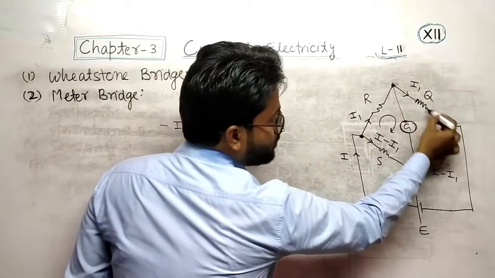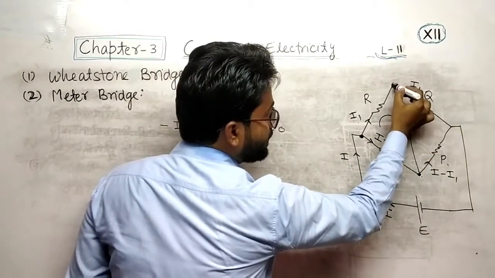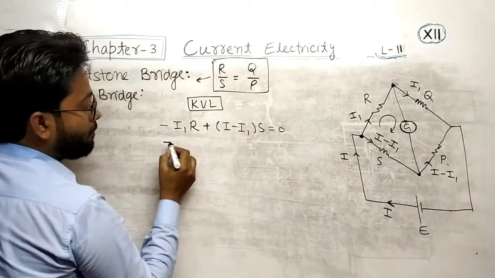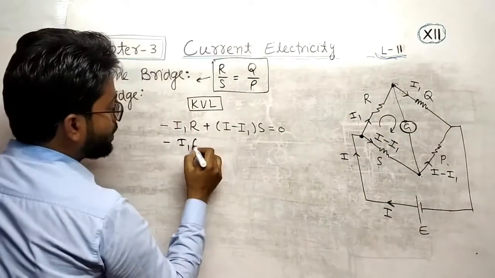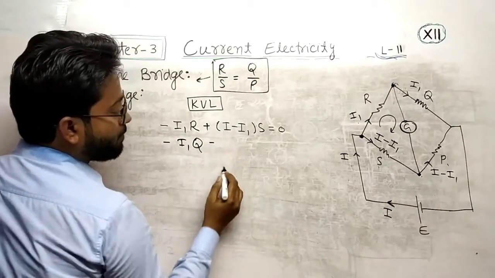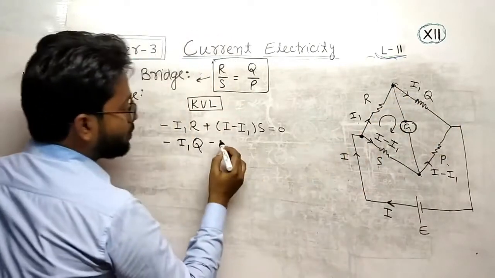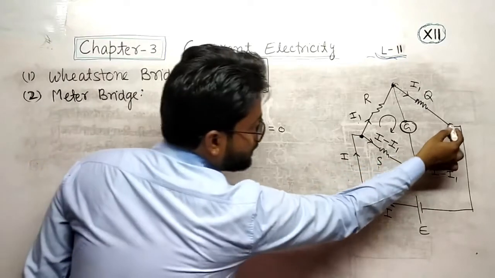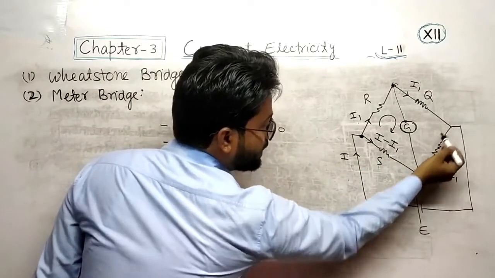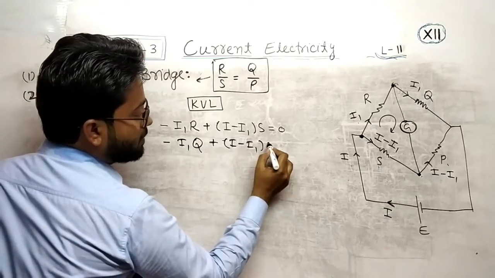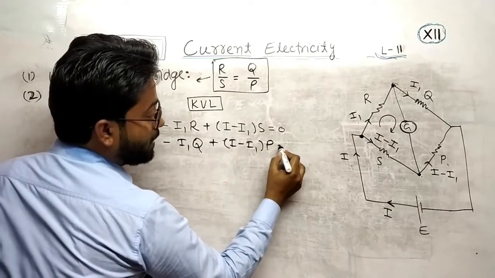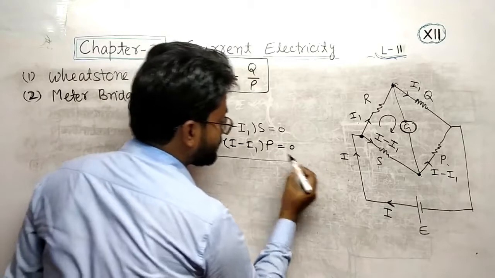If we go from this point to this point again, then what will happen? Minus I1Q, then plus, since we are moving opposite to the direction, plus potential up, plus I minus I1 P is equal to 0.